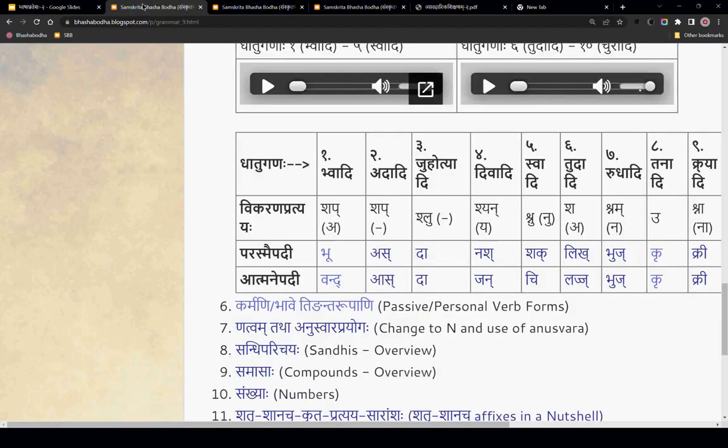So what is this form called? Now we have two types of dhatus. Again, dhatu being the root of a kriyapada, or in extended thinking, you can think of it as a root of any word.